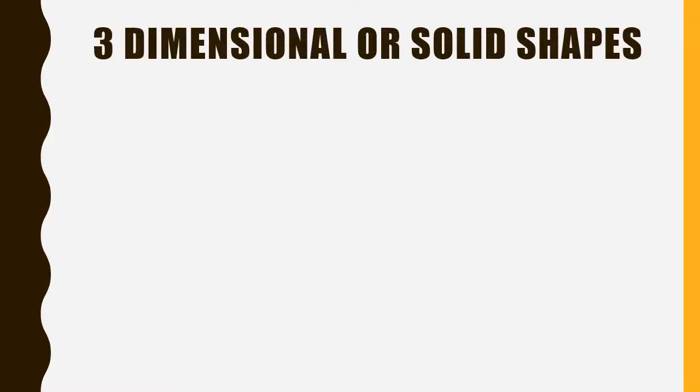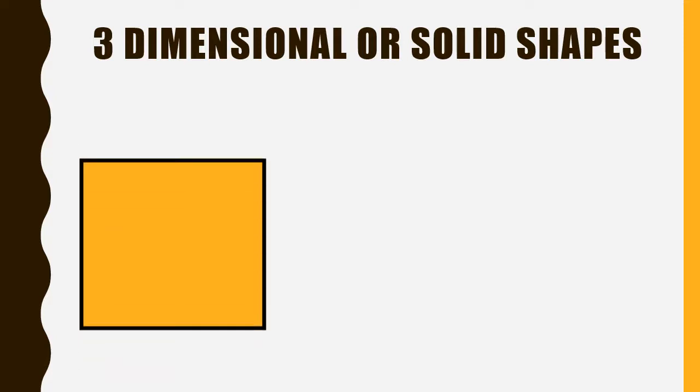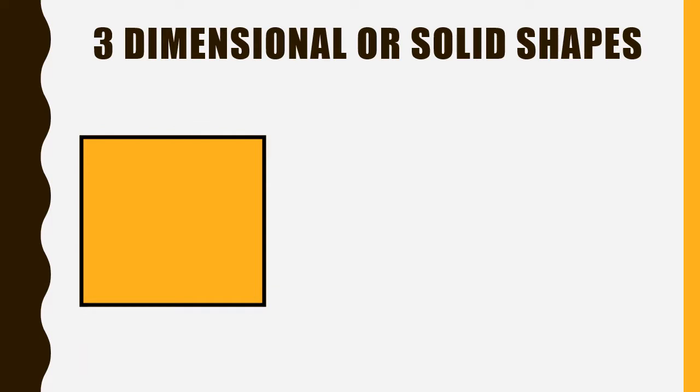Children, now we will learn about three-dimensional or the solid shapes. But before that, I want to show you something. Children, what is this? Yes, this is a square. We have learnt about it earlier.